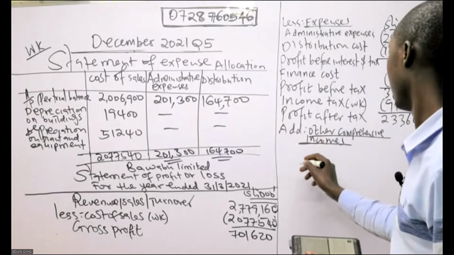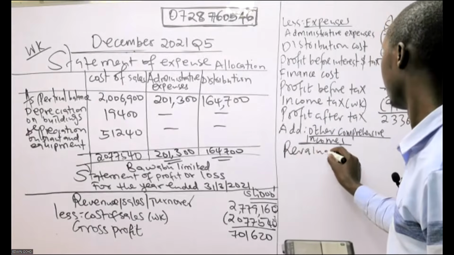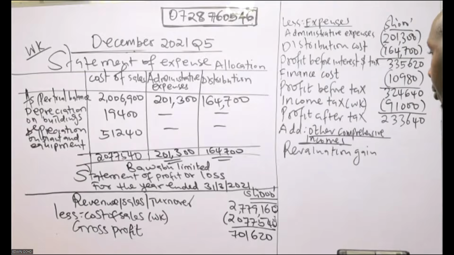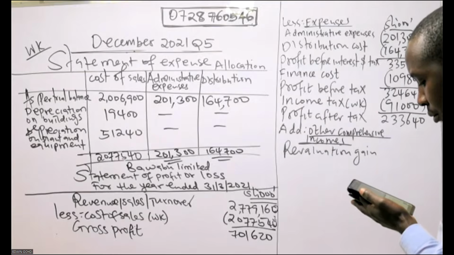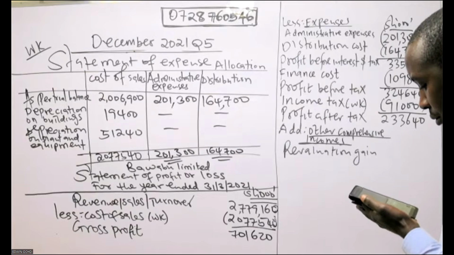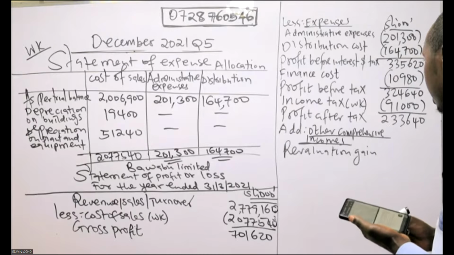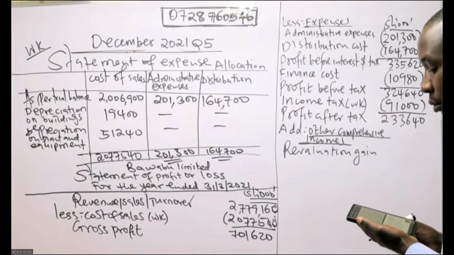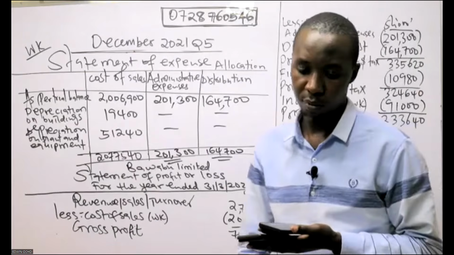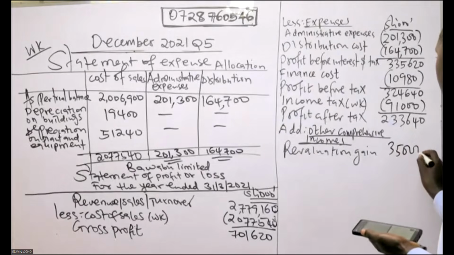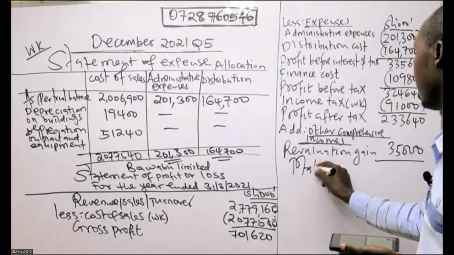Other comprehensive incomes we were having an evaluation gain of 35,000. Total comprehensive income.